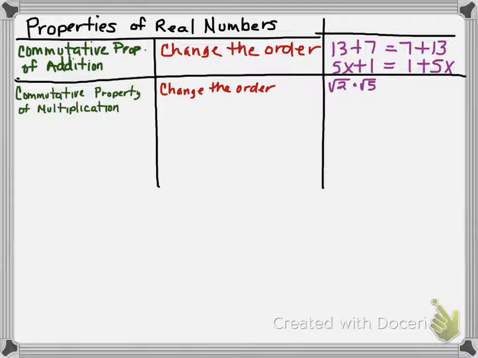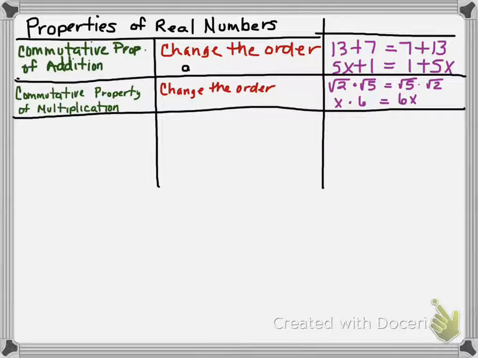The same thing, it would be square root of 5 times the square root of 2. Or if I had x times 6, which is also the same thing as 6x. So once again, for commutative, all you do is change the order, but it does not change the value. And this is the formula, a plus b equals b plus a. And for the multiplication, a times b equals b times a.